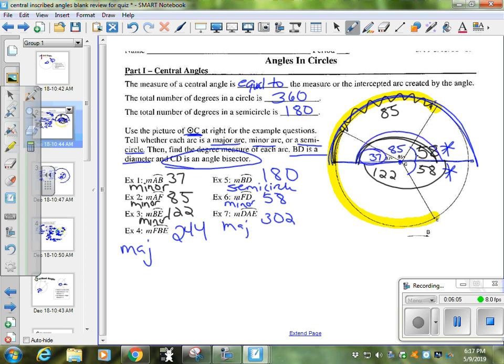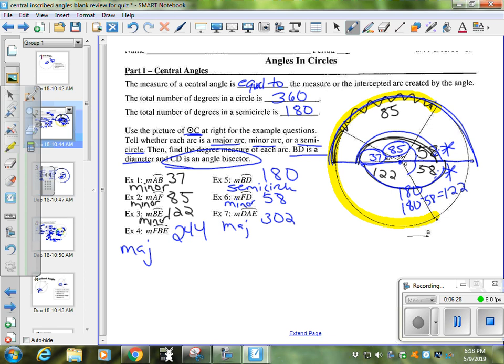You had 37 and 85, so that left you 58. You knew these were the same, so 58 to 58. And then you know this all adds up to 180, so 180 minus the 58 gave us the 122. And so then you've got them all, and you just look and do the different arcs, AB, AF, and find your thing. You've got the whole angles.